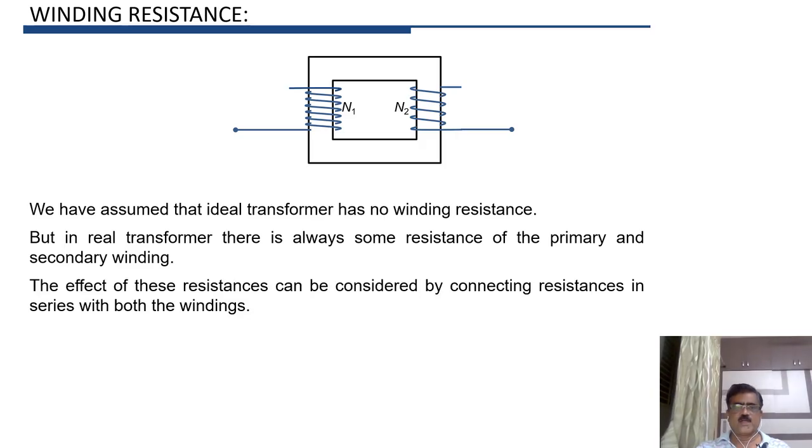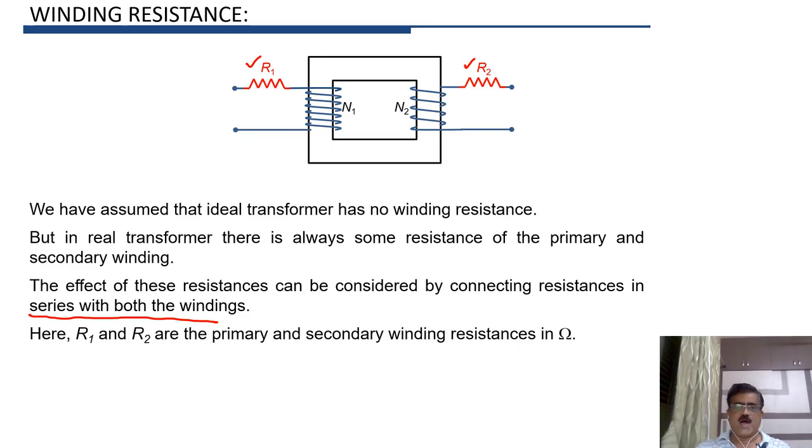To consider the effect of these winding resistances, we assume that the resistance is connected in series with both the windings, that is primary winding as well as secondary winding. So, we assume that a resistance of R1 ohm is connected in series with primary winding and resistance of R2 ohm is connected in series with secondary winding.